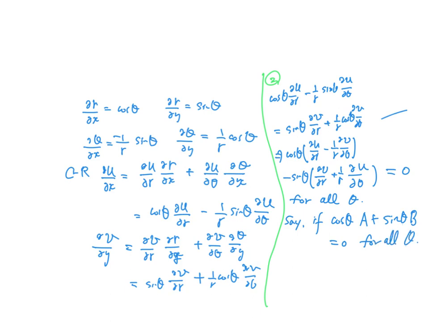Okay, so we have an algebraic equation that cosine theta A plus sine theta B is 0 for all theta. So what is the condition? For every theta, A is 0, B is 0, right?